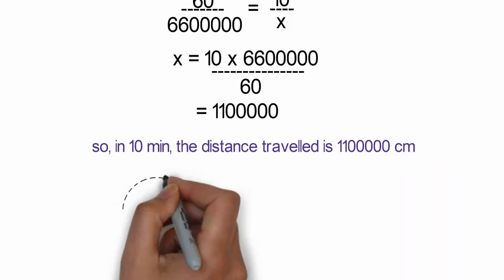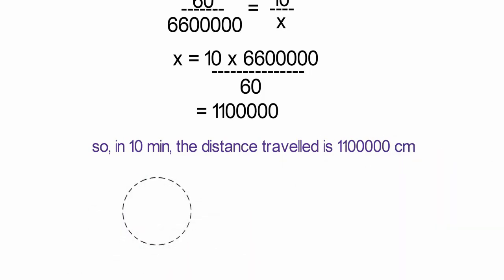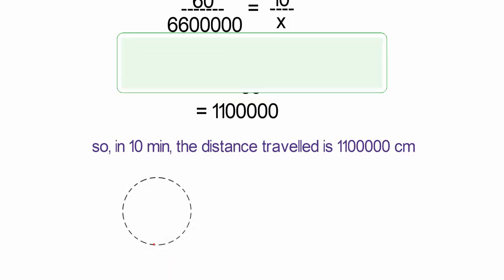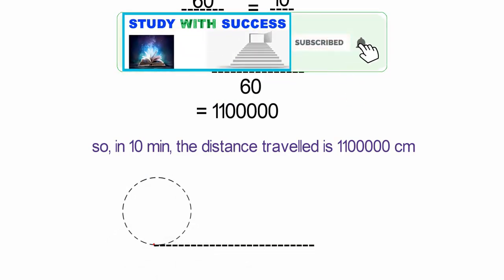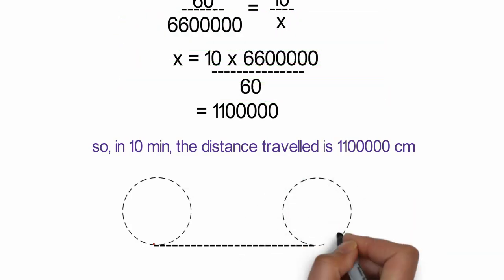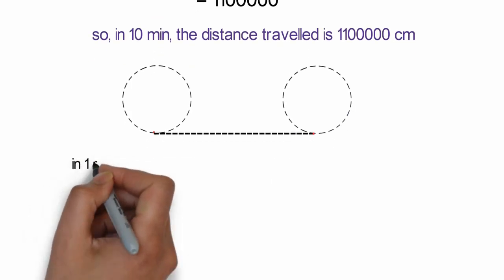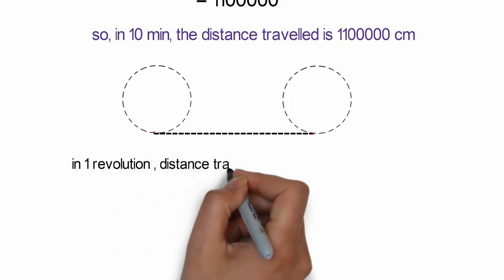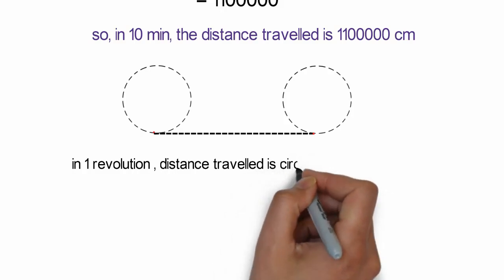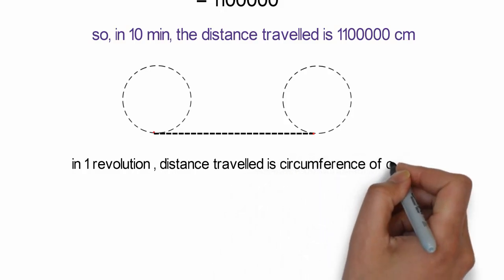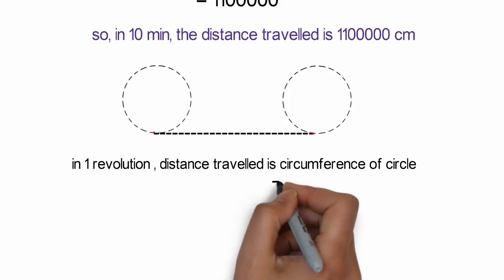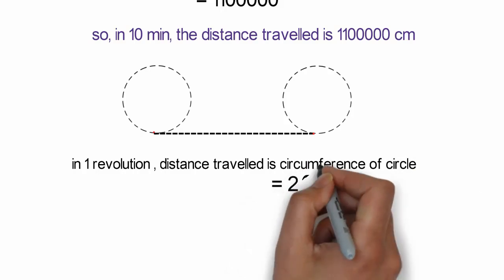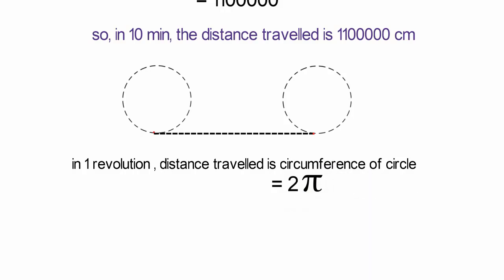Now come to the main part. This is the wheel of the car. Let us mark a point. When it rotates, it will cover some distance. After rotation, the point again comes to the ground. So it means that in one revolution, the line that is covered will be called the distance traveled. In one revolution, the distance traveled is the circumference of the circle, because the circumference of the tire will touch the ground. So the distance traveled will be equal to the circumference of the circle, equal to 2 pi r.